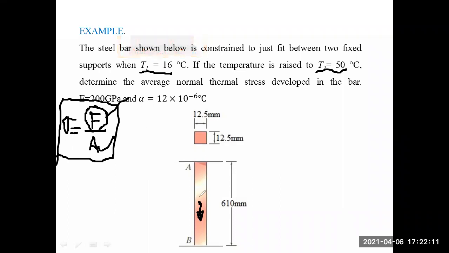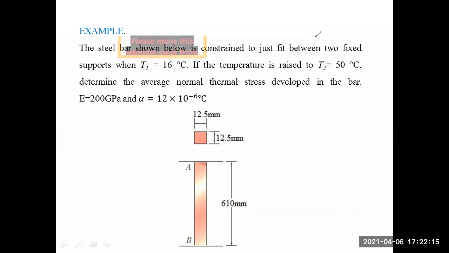Anyway, we have no mass. Mass is negligible. It is a good point to highlight that if there was a mass, we could have had a force at point B, as a reaction to the mass. But we have no mass, so there is no force if there is no change in temperature.